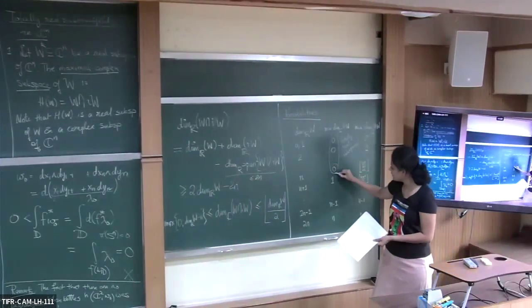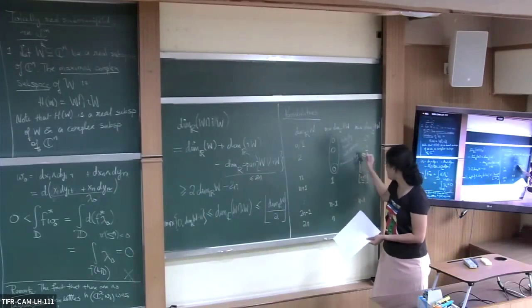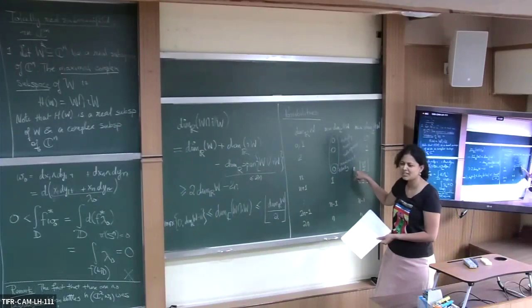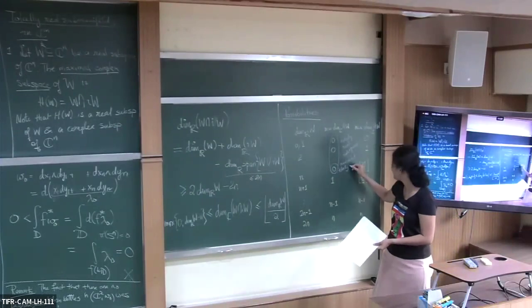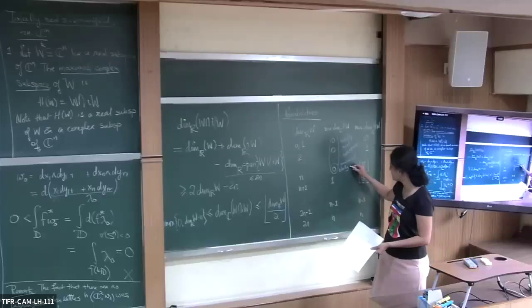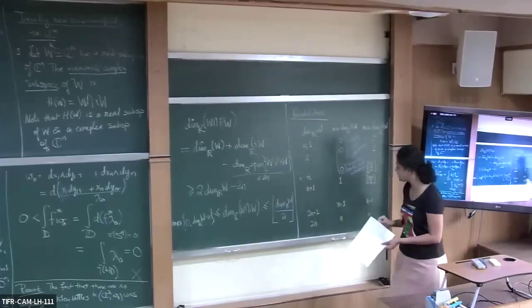And this one, when the dimension is n, is known as a maximal totally real subspace. Sometimes it's also called maximally real. Whatever, this is going to be the focus of our discussion.